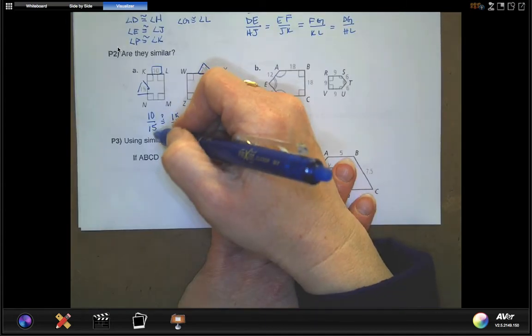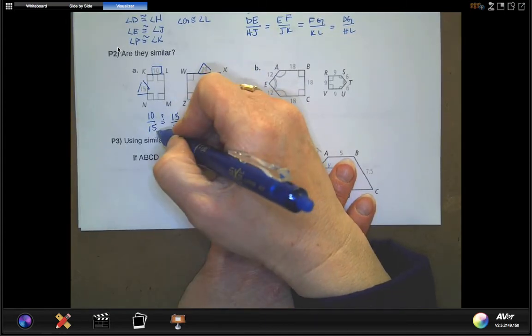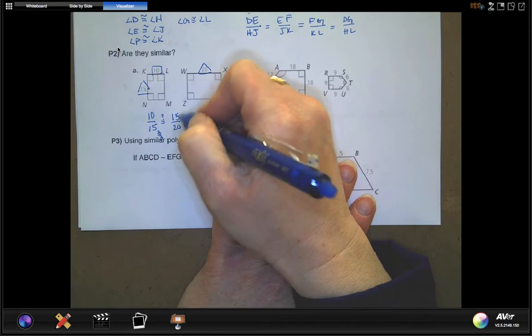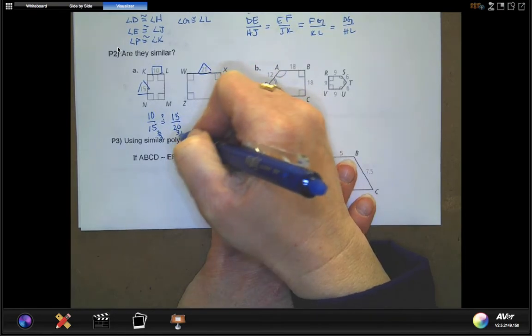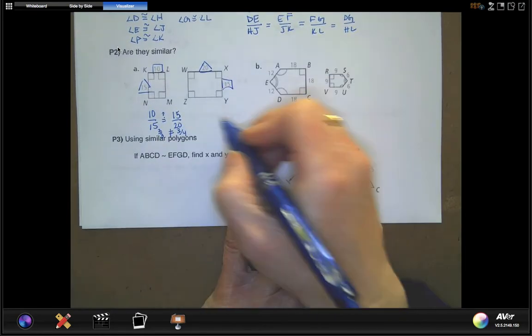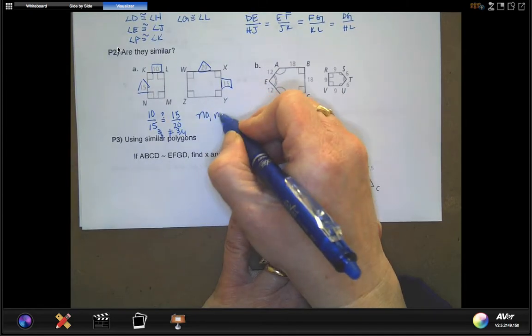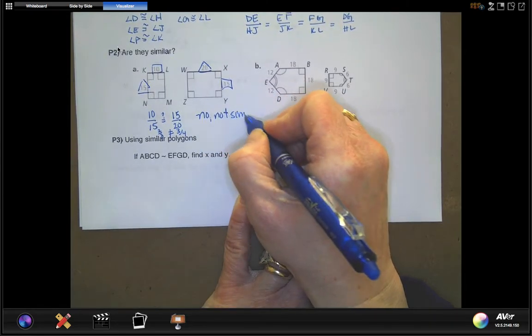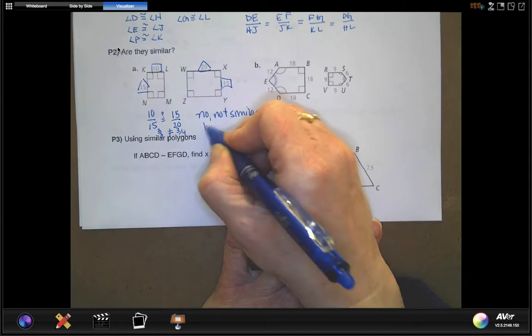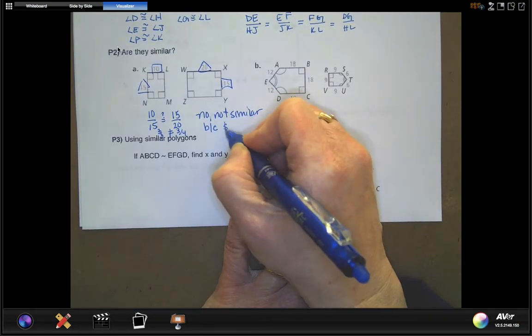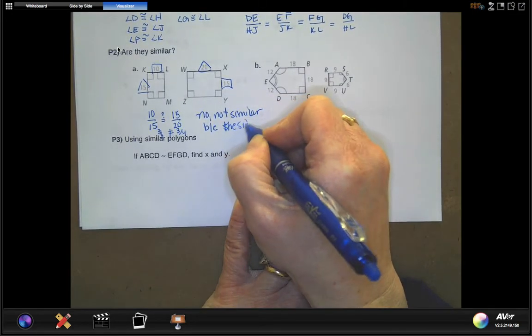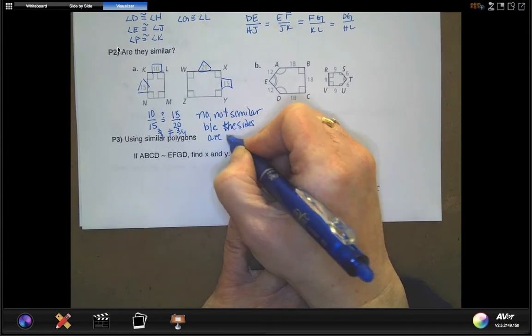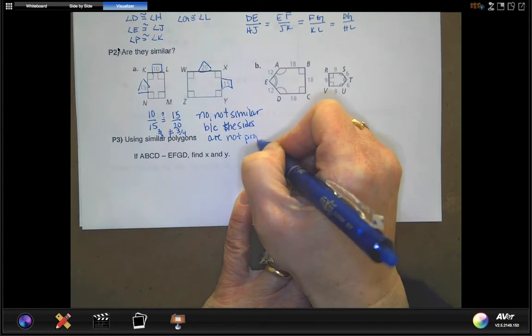Well, this can be reduced by 5, and I end up with 2 over 3. This can be reduced by 5, and I end up with 3 over 4. So these are not equal, so no, not similar, because the sides are not proportional.